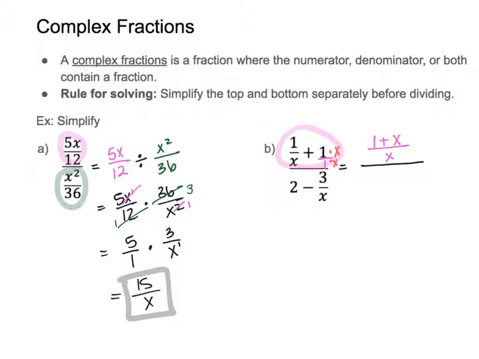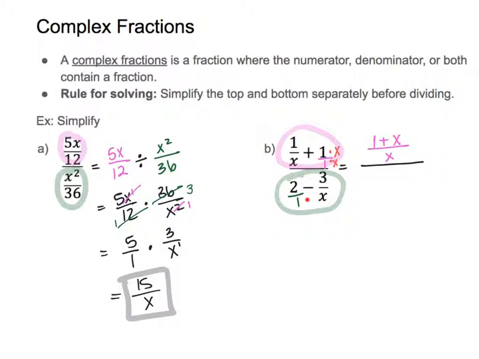Now we're going to do the bottom. The bottom's just the same. We're going to take the 2 and subtract the 3 over x. To subtract, I need to make sure that they have common denominators. But this 2 is not even a fraction yet, so let's make it into a fraction by putting it over 1. From there, we need to figure out a common denominator.